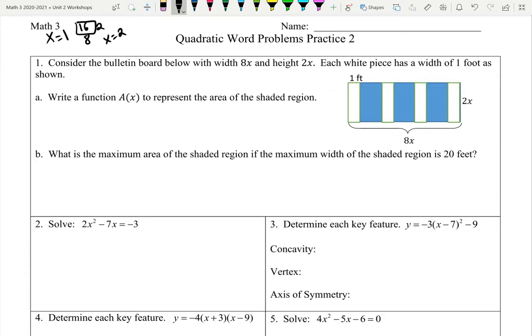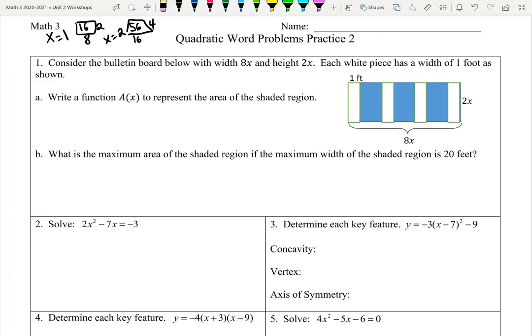If x is 2, it would be an input. 2 times 2 is 4, and likewise, 8 times 2 is 16, and this would be 56. Notice the area increased when my input increased. You plug it in, it changes. Really, what it means is that it is going to be longer than it is with the height. No matter how big it gets, it's always going to be longer.